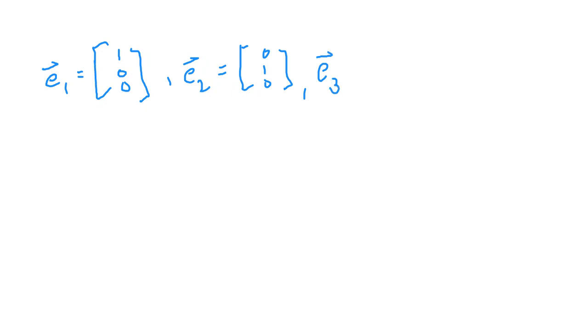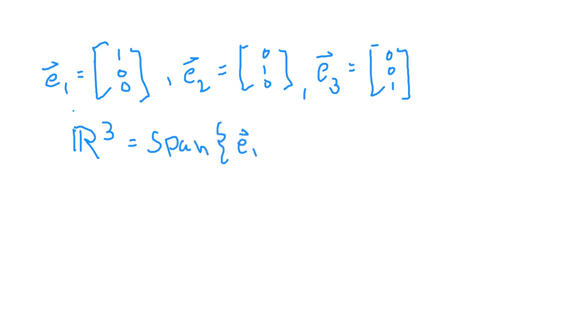And E3 is 0, 0, 1. Those are the standard unit vectors. You're used to calling them i, j, and k. Is R3 equal to the span of E1, E2, and E3?